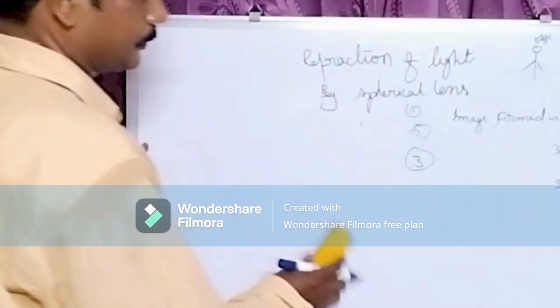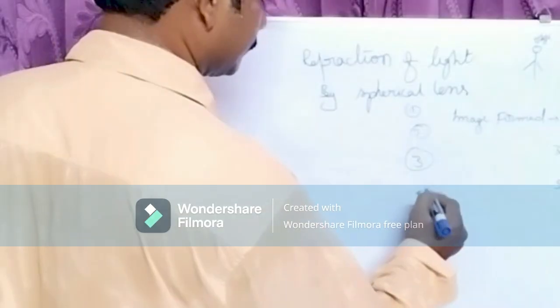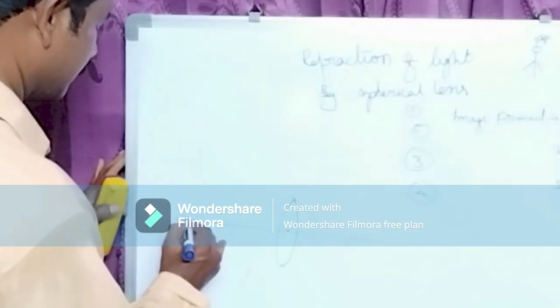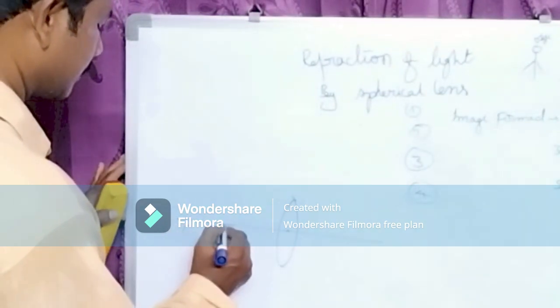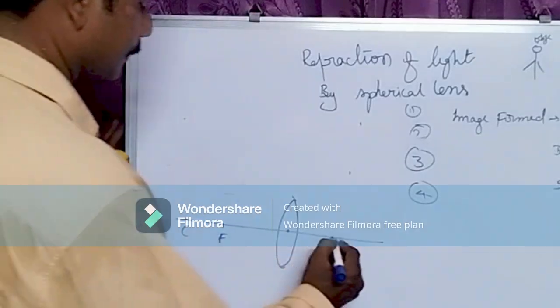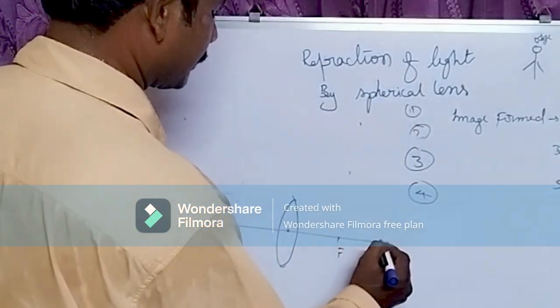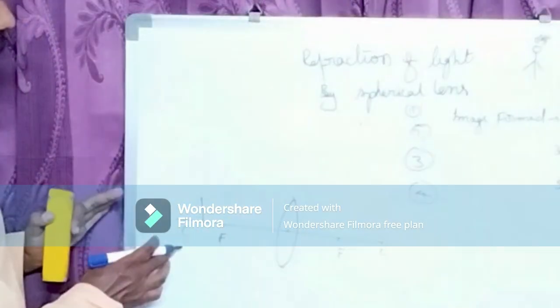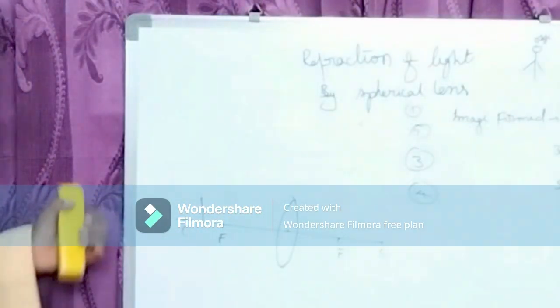Now coming to the fourth case, we have a convex lens. See, this is F, this is F, this is C. The object is in between C and F. In this case, what happens?